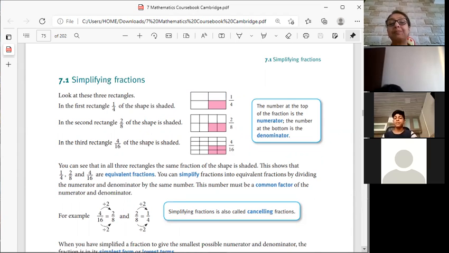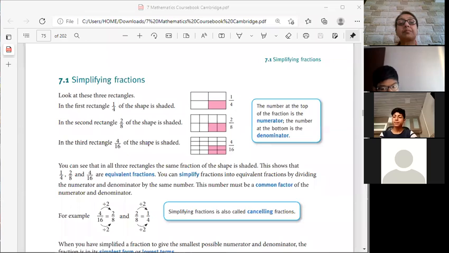Can you see that? See this 1, 2, 3, and 4. And out of these 4 equal parts, one part is shaded. Can you see it is colored pink?